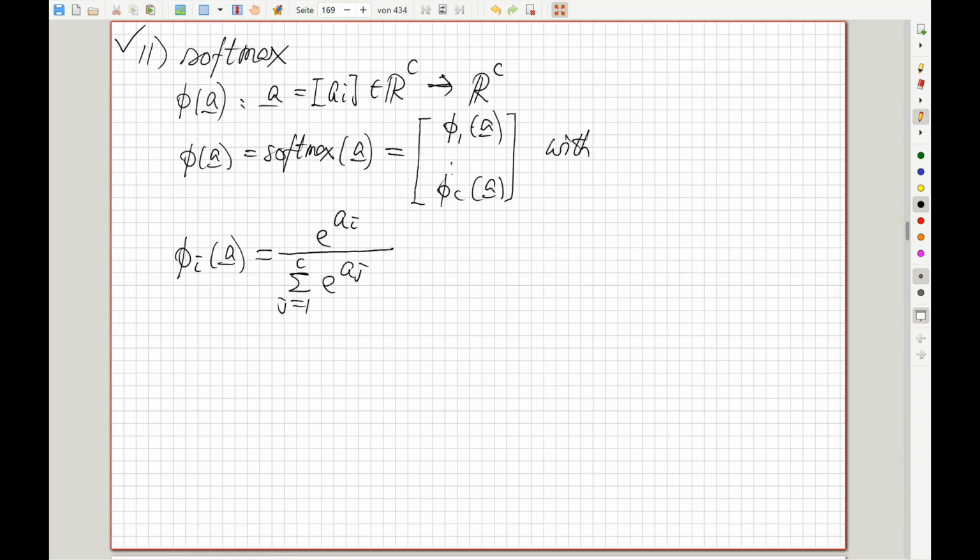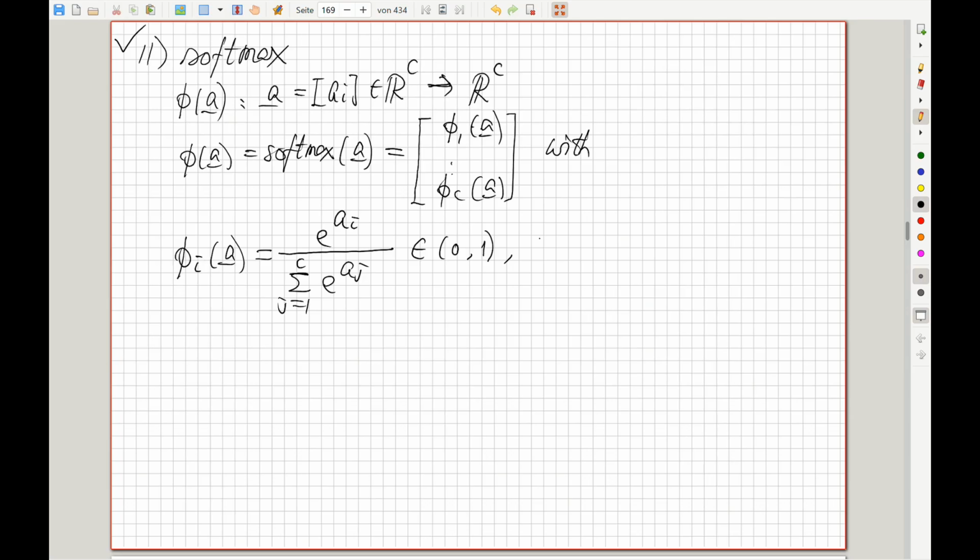definition. But when you take a look at this, the elements of A can be positive or negative, but the exponential function is always positive, so the denominator is as well. So the activation function always returns a value in the range between 0 and 1. And remember, the denominator is a constant scaling factor. The denominator is the same for all the indices, Phi1, Phi2, and so on.